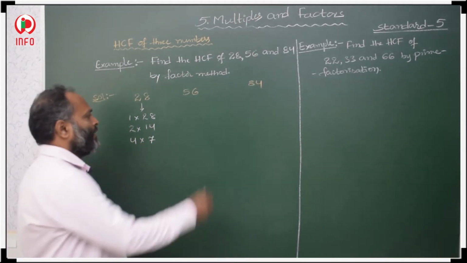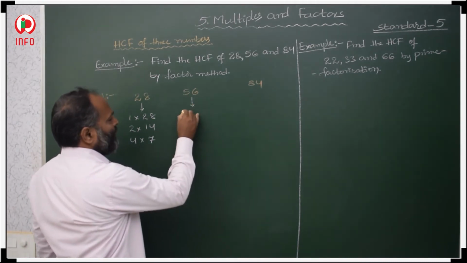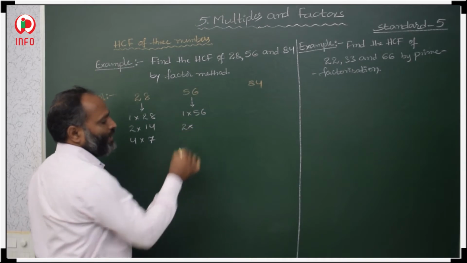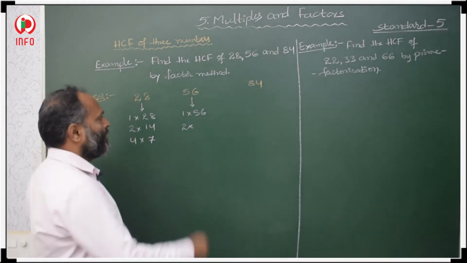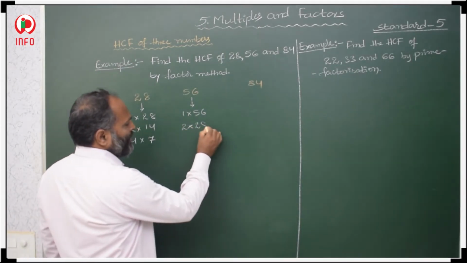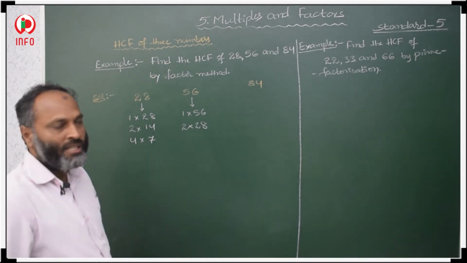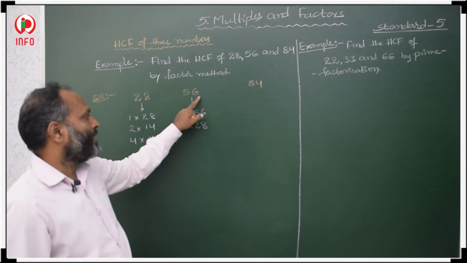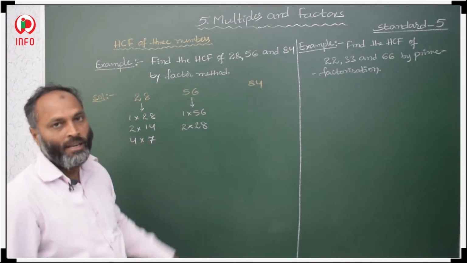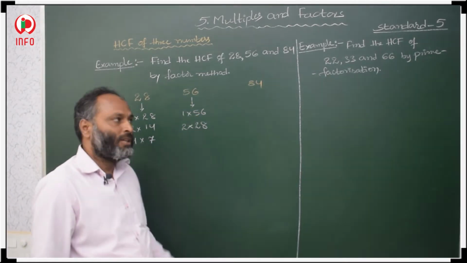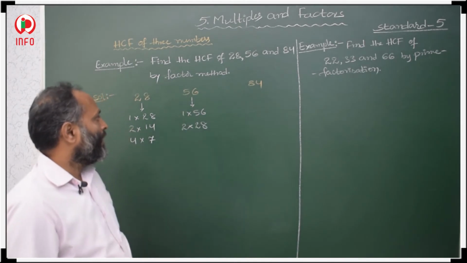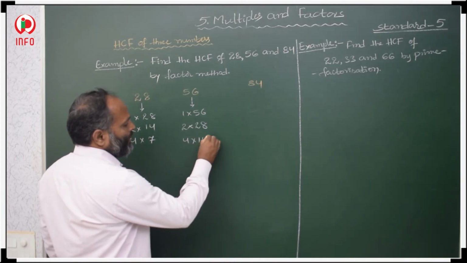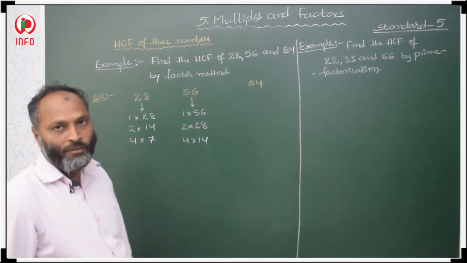Okay. Now 56: 1 56 is 56. In the 2 table it is an even number, so it is divisible by 2. 2 28s are 56. Next, in the 3 table it won't divide. Why? The sum of the digits 5 plus 6 is 11, and 11 is not divisible by 3. In the 4 table it divides: 4 14s are 56.